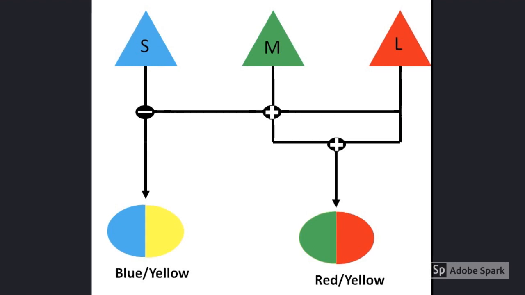Once you combine the red and green responses, you can have a pathway similar to the red-green pathway, where you contrast this yellow cell's output against the output from blue cones, or short wavelength cones. Essentially you get a pathway that is sensitive to blue versus yellow contrast.